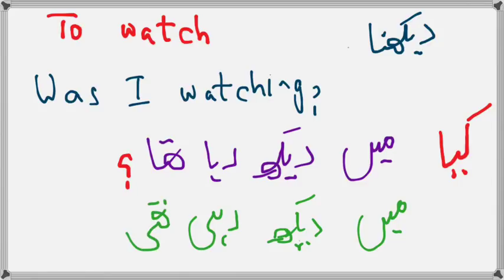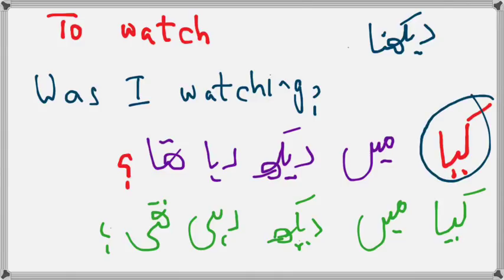And if we want to ask the question, then we just add क्या: क्या मैं देख रही थी? So we just add क्या to ask the question, and the rest of the sentence remains same, and at the end of the sentence we have got the question mark.